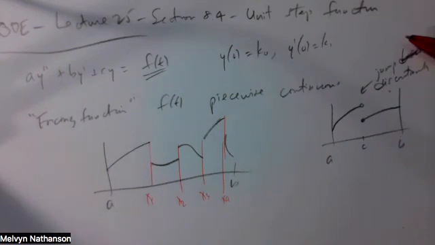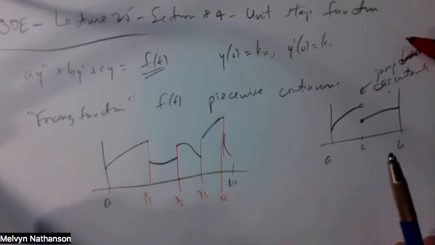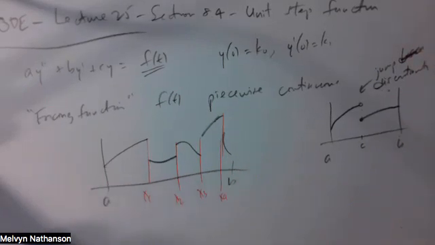And we do this because in real applications, in engineering and physics and so forth, equations like this come up naturally. And we're trying to solve equations using the Laplace transform. So we need to figure out, how do you find the Laplace transform of a function with a jump discontinuity?